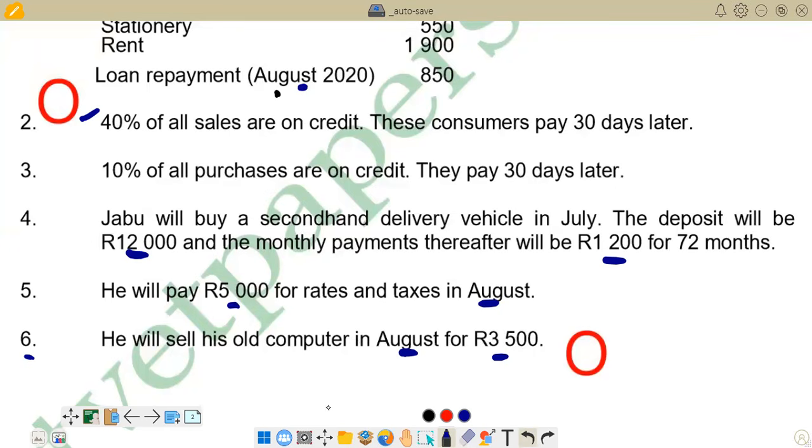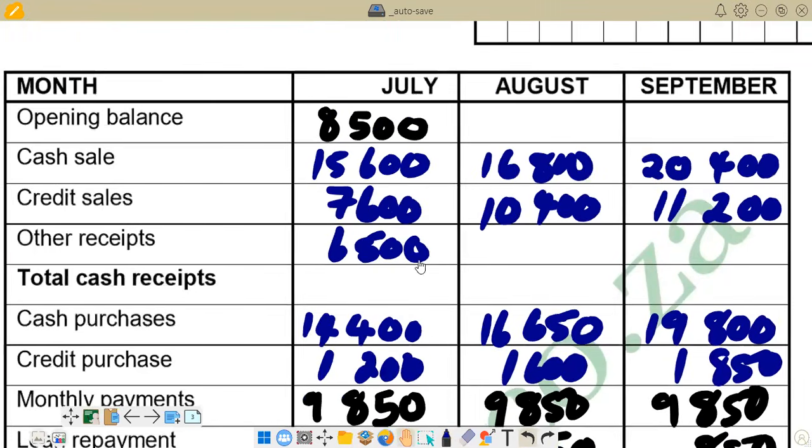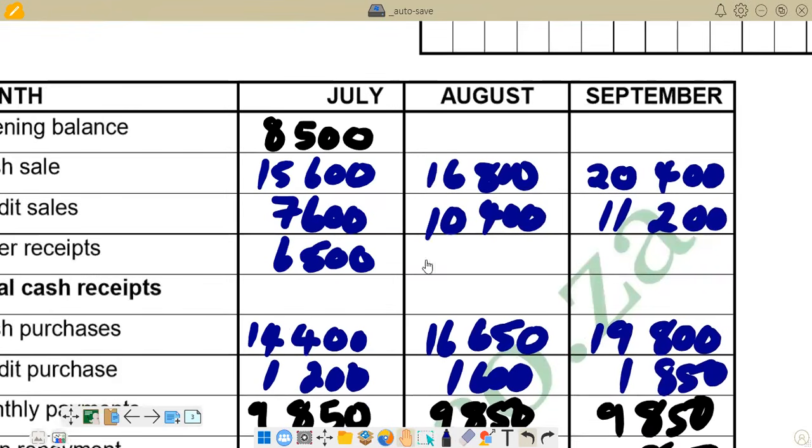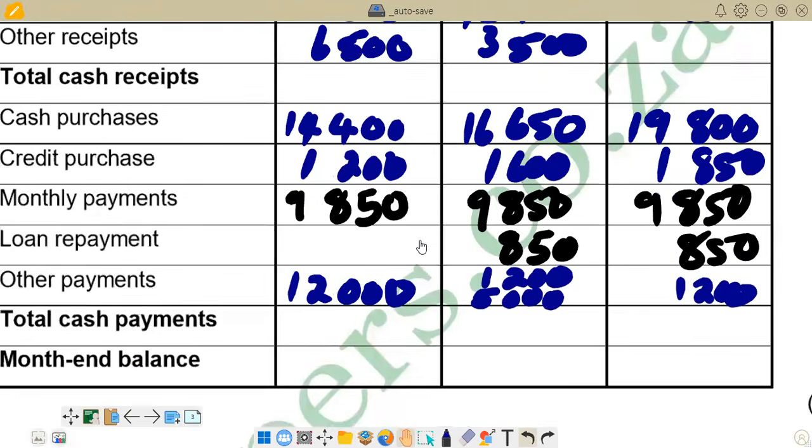So we can go there, check under other receipts, August. We are seeing there's nothing there. We are supposed to put 3,500 here for that one. That is 3,500. So that's what we have in terms of the adjustments that we are supposed to make.